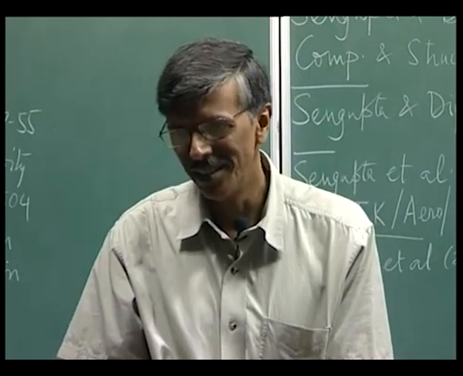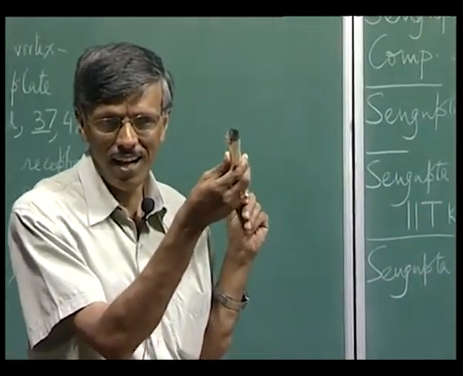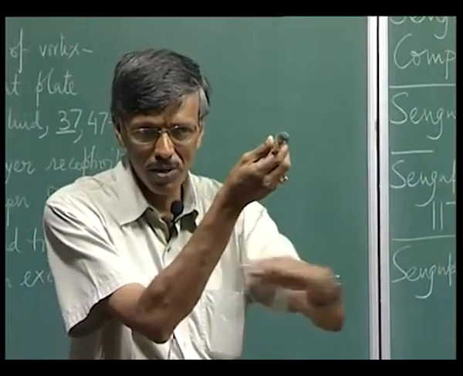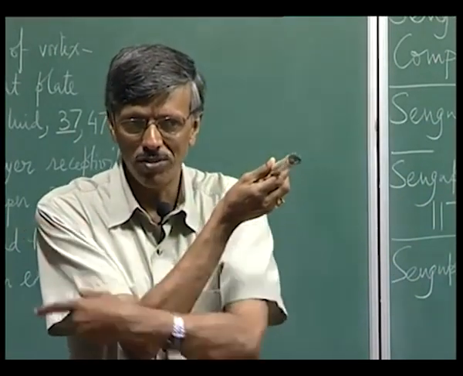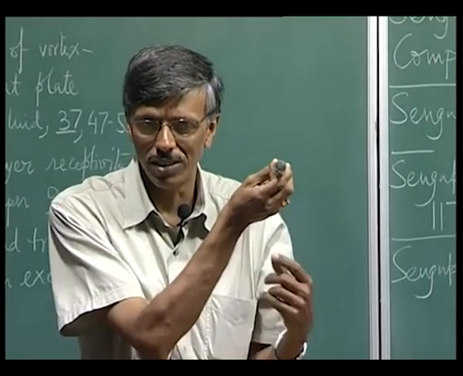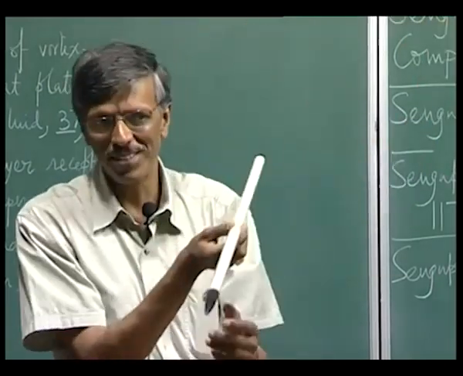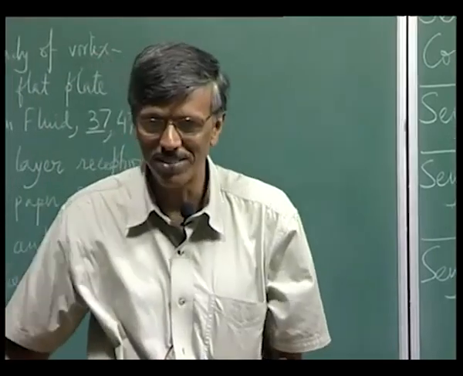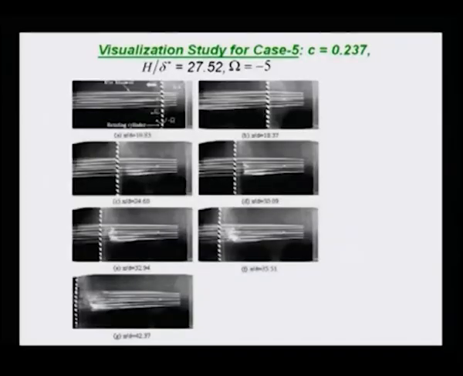You understand? The same thing, if it is rotating like this and I am going below it, then of course it is going to be my counterclockwise case and I will have a very violent instability. But if I go above it, then I will have this second case which is a little more benign. So, this is something that you can understand from this experiment.